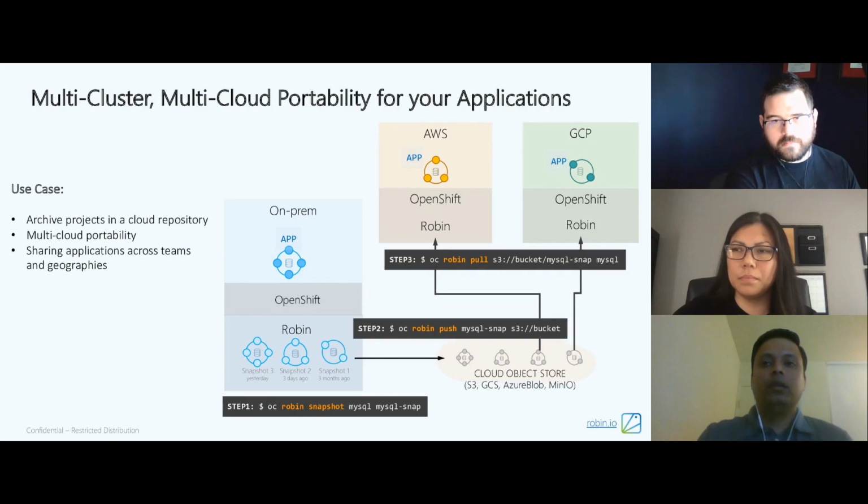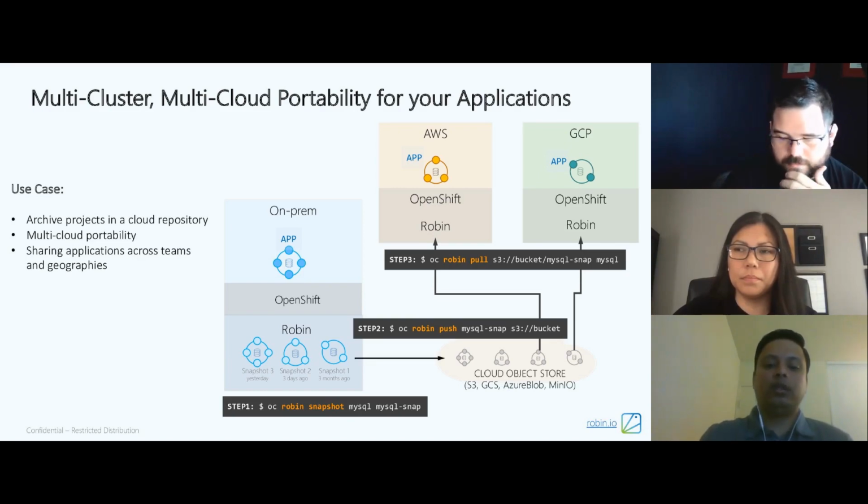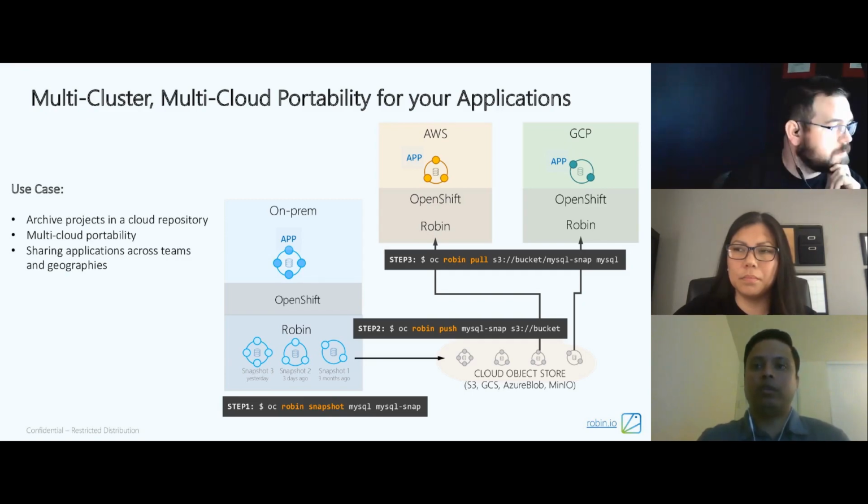Now let's talk about sharing the applications and archiving the applications, right? We talked about backup and how they are application aware. Now, the same functionality can be used to actually create an archival. So in the previous slide, we saw how you can create an object store repository for your backups. Now, that can be created in the cloud, right?